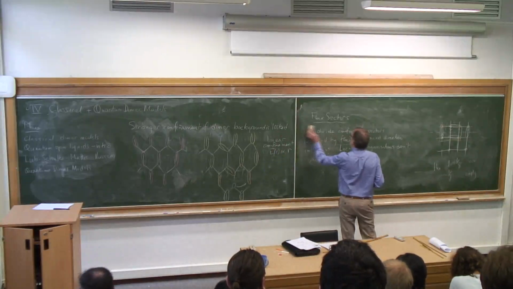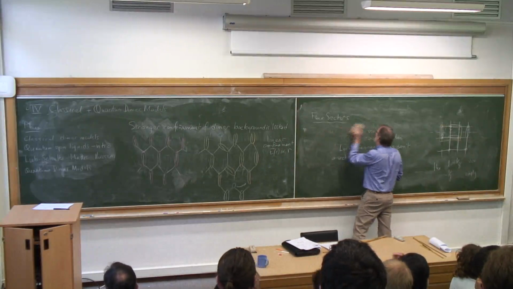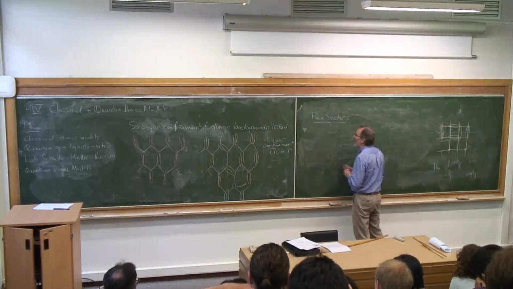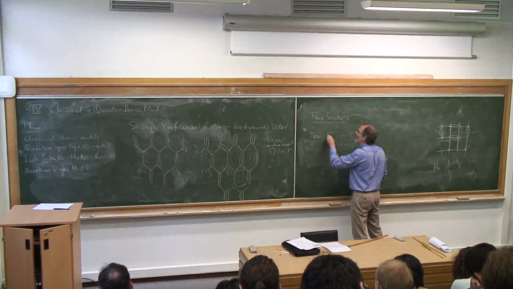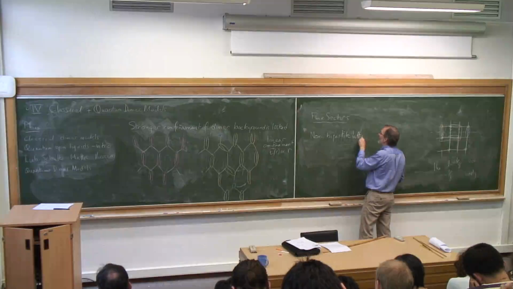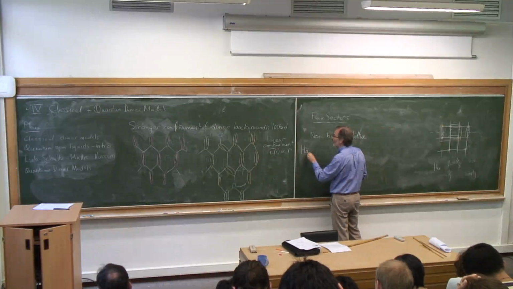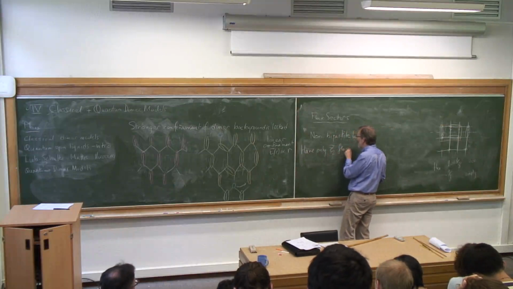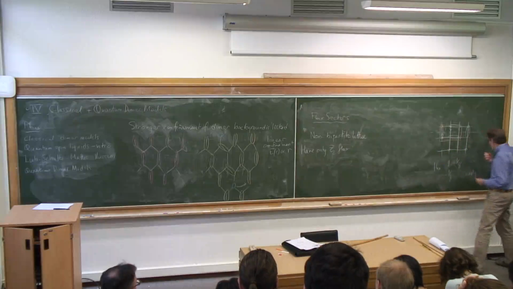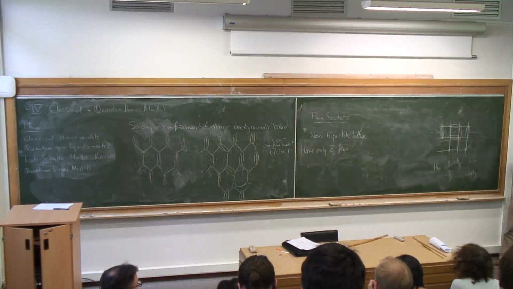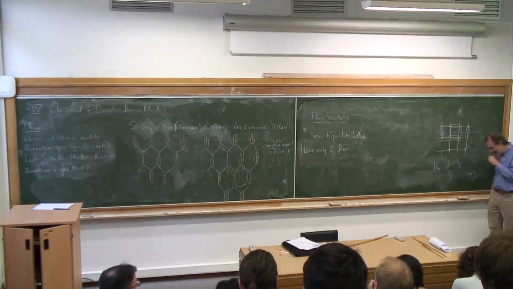Okay, so if we go to a lattice that's not bipartite, introducing the terminology of a Z2 flux, I suppose I should say that the flux in the bipartite case is a U1 flux.